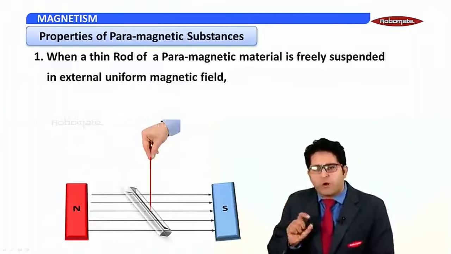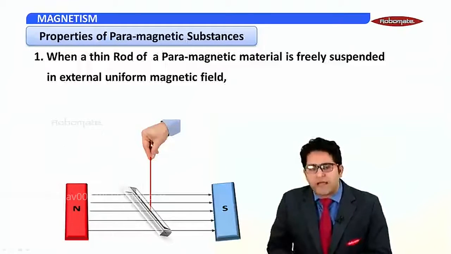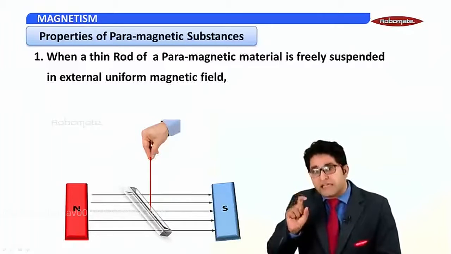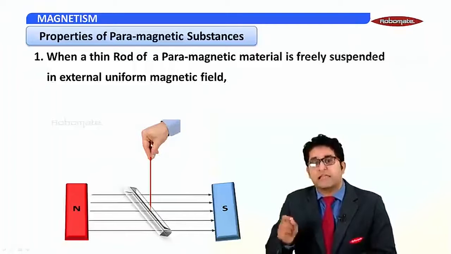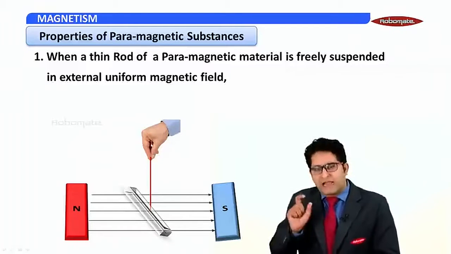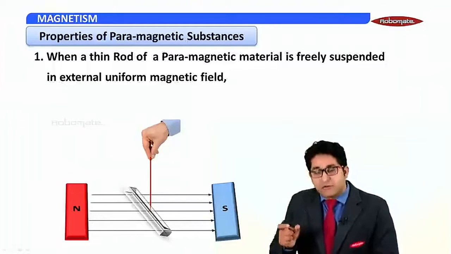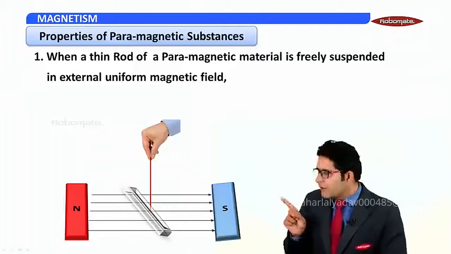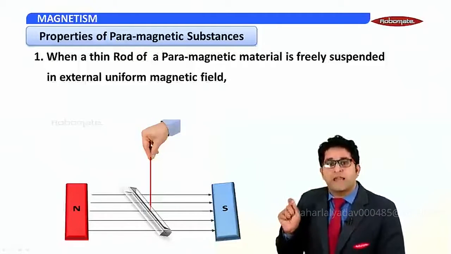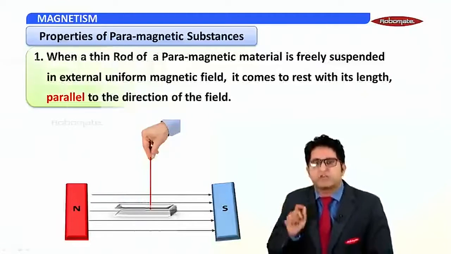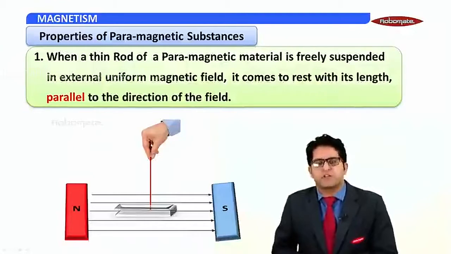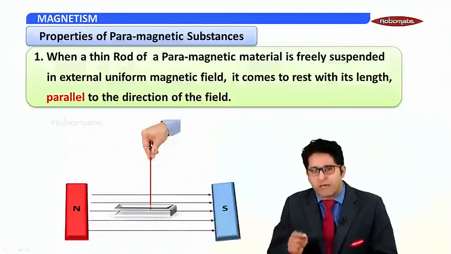We have already learned that whenever a paramagnetic material is placed in an external magnetic field, it gains a net magnetic moment in the direction of the field, and owing to that, this rod will align itself with its length parallel to the direction of the magnetic field. This is the first property of a paramagnetic substance.